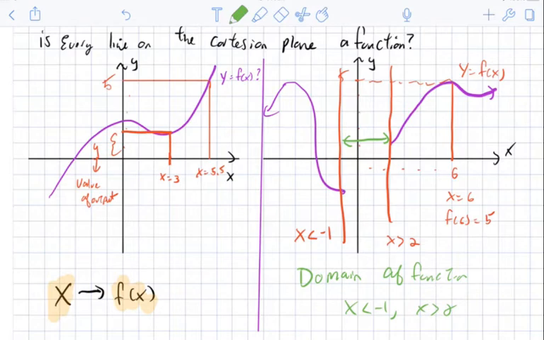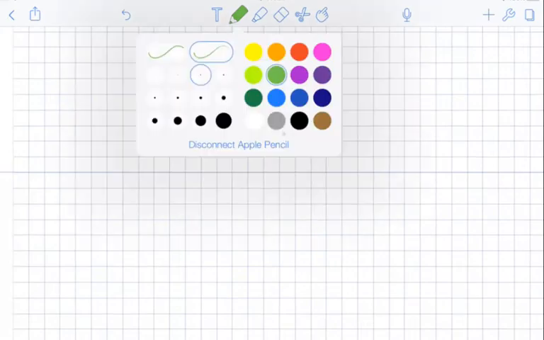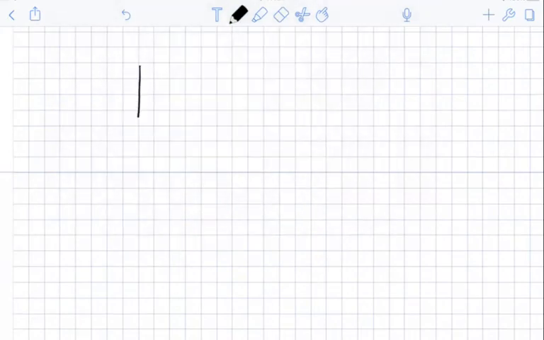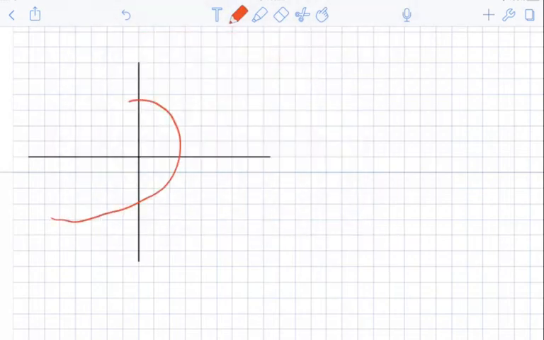So is it true that every possible line can work as a function? The sad answer is no. Let's talk about that. So let's look at this guy as a function. Okay, is this a function?